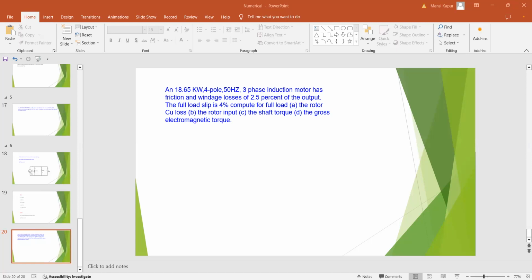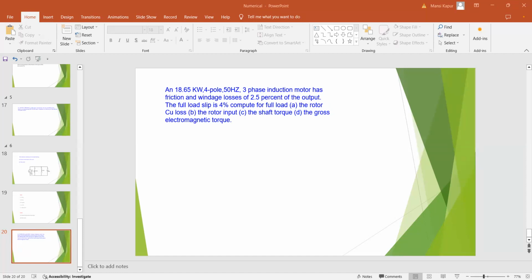So what is 18.65? True power? Power, right? Yes. So 18.65 kilowatt is the power. How much is the output? What is the actual output I'm getting from the motor?